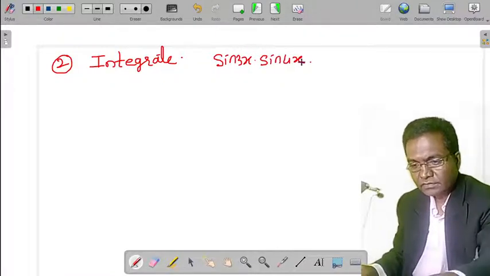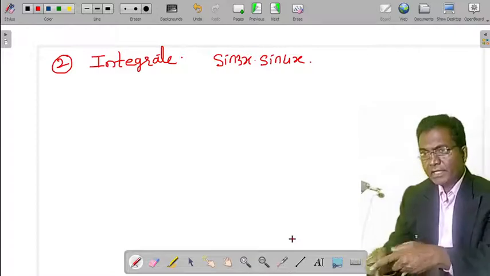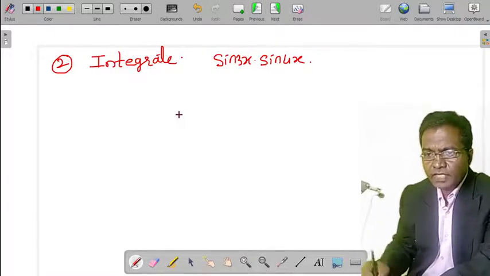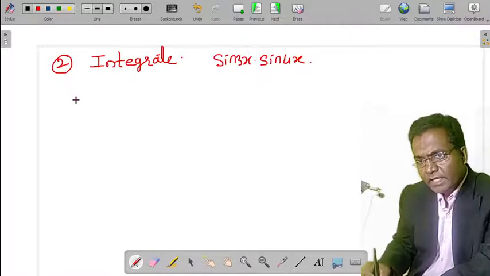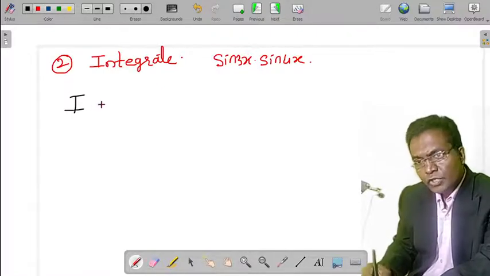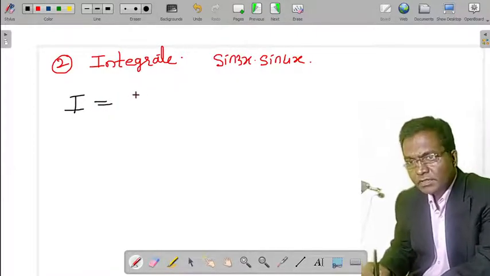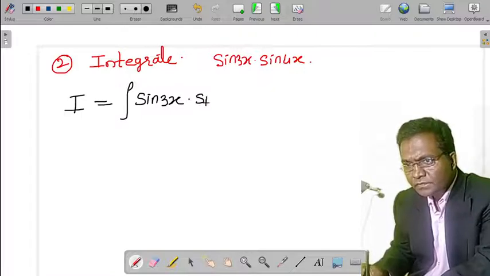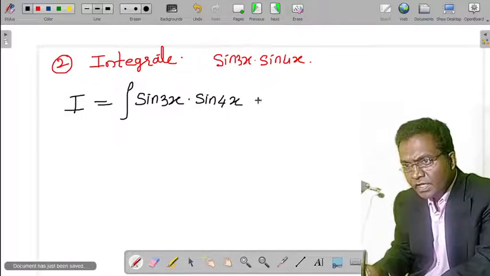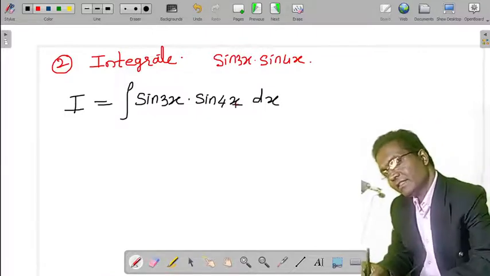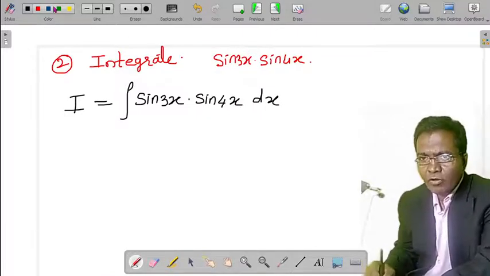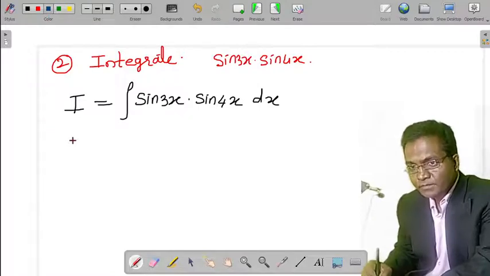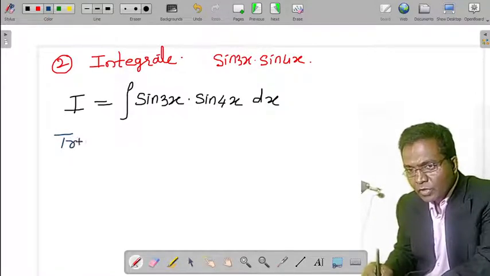So we'll integrate this sine 3x into sine 4x. Now see here, your I is integration of sine 3x into sine 4x dx. One thing to be noted, all these transformation formulas. So please note down this and then we will evaluate this.